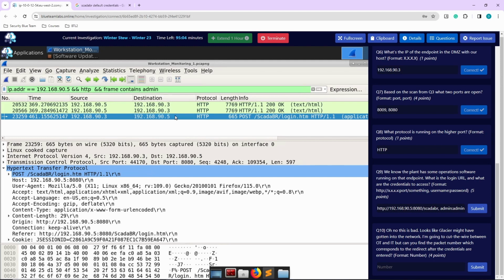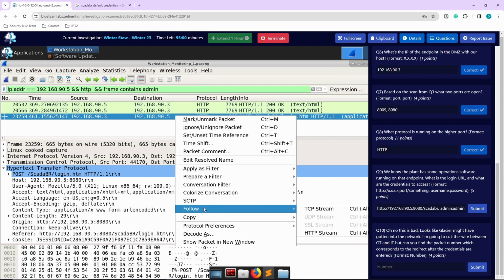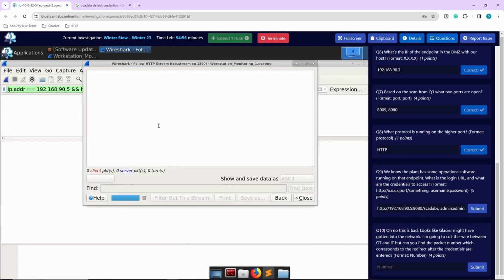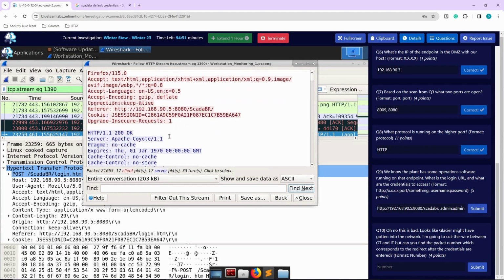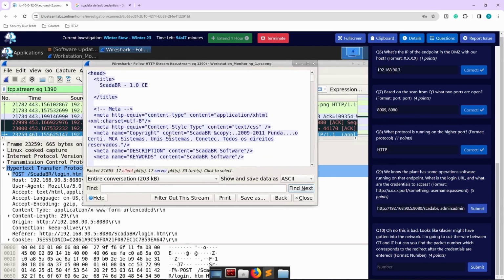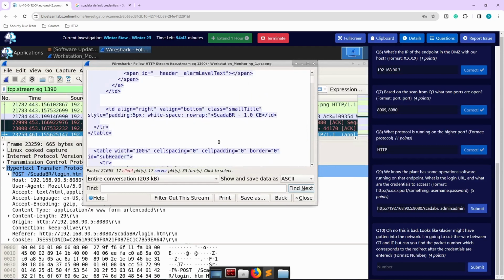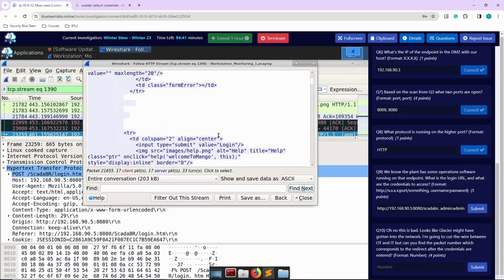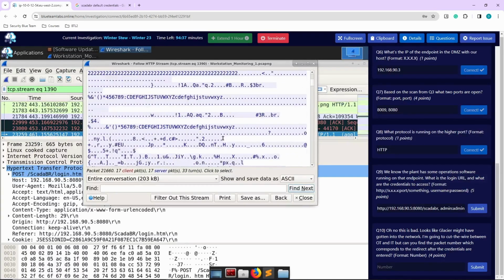Oh, so this is the login page. Let's follow the HTTP stream. So we have a session ID. This is the actual page rendering after the login.